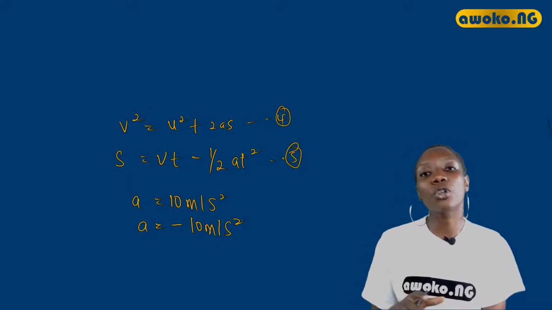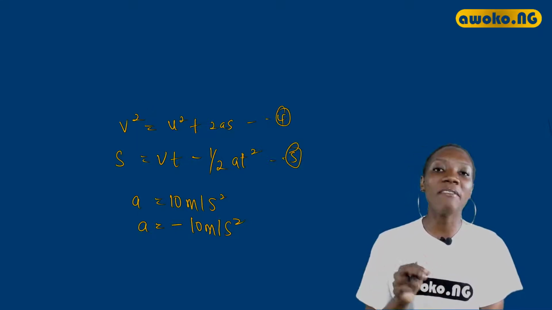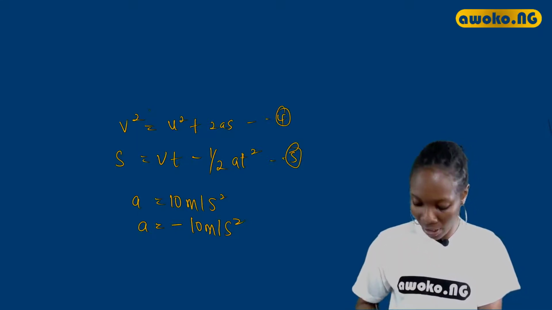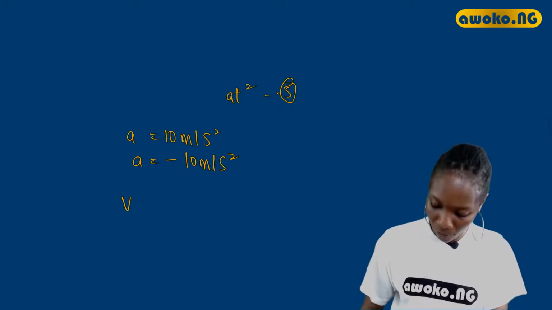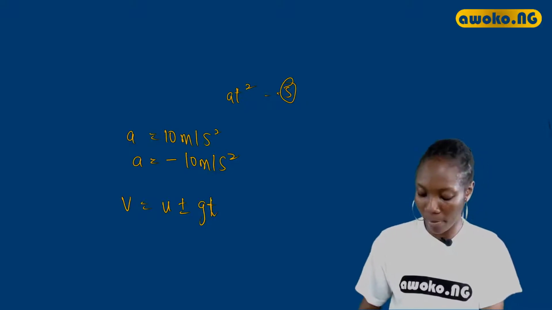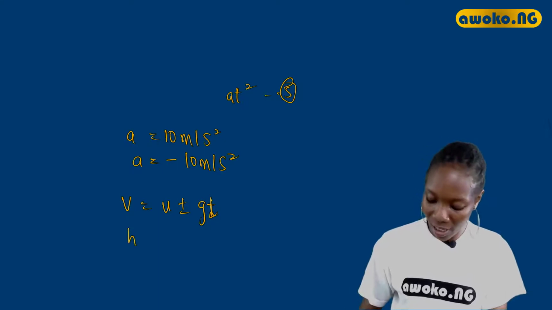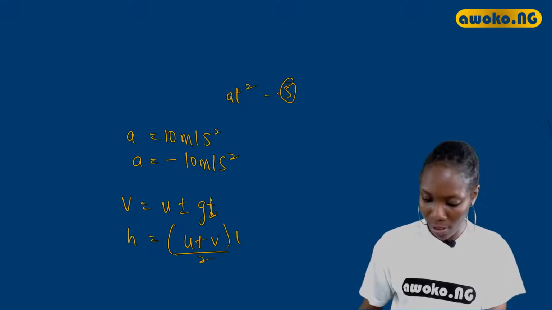Now, when motion under gravity is considered, you've heard of gravity, right? The 5 equations of motion that I have written, the first one will become v equals u plus or minus gt. Take note of the differences. I'm going to explain them as I go. Then the next one will be written as h equals (u plus v over 2) times t.